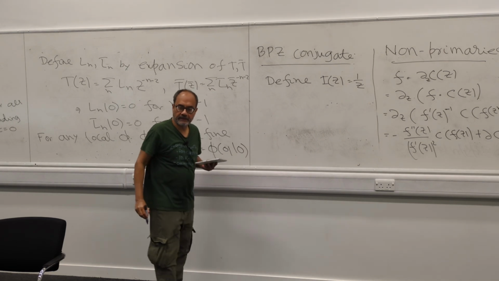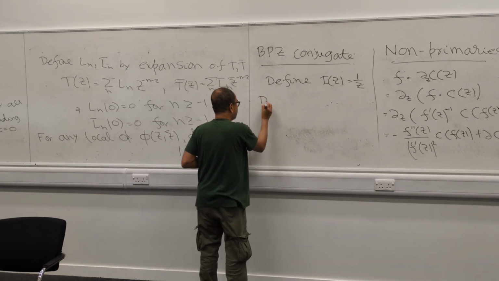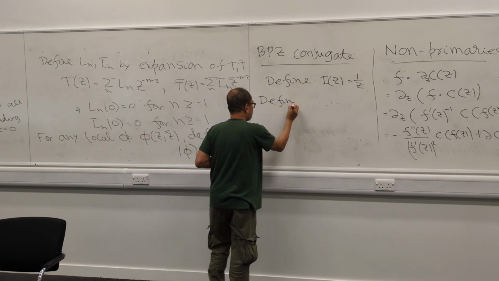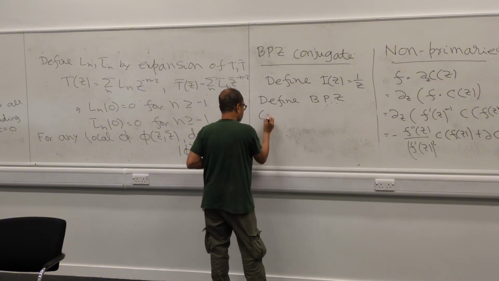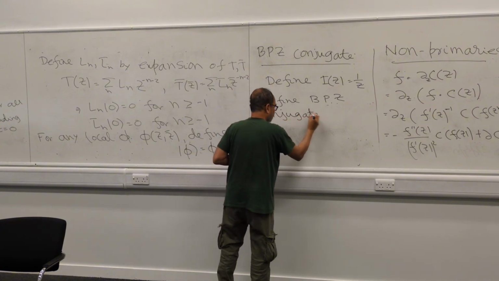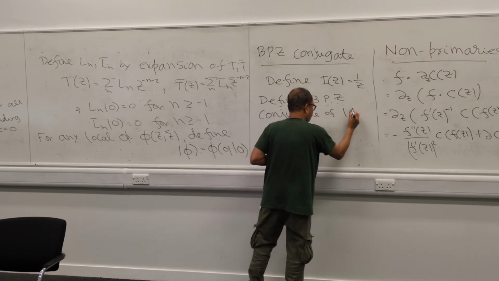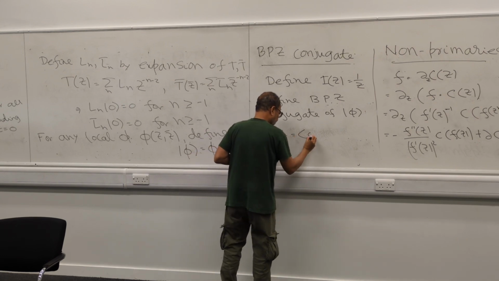Okay, so it takes z equal to 0 to z equal to infinity, and then we define the BPZ conjugate, which is the bra phi.